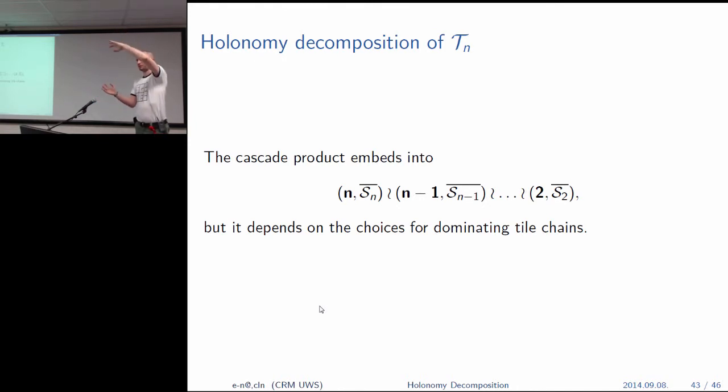I again have freedom, and that freedom is a source of a problem, because we don't have a unique representation of the full transformation semigroup as a cascade product, but we have many. The next step is studying this representation problem and finding the good and the minimal ones in a sense.